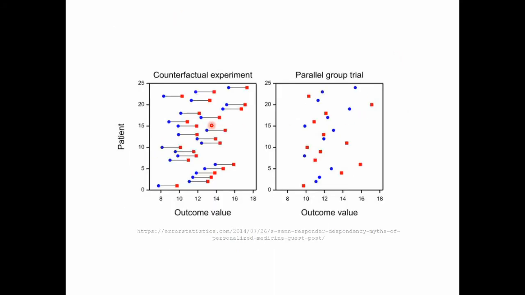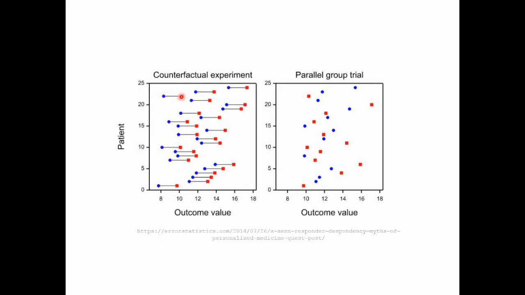Another nice illustration of this is to imagine that we have this counterfactual experiment, and each one of these sets of two points here, the blue and the red, is one person. It gives us the difference between what we would see if we could see the counterfactuals. This would be their value if they were given blue, and this is their value if given red. This is their value if they're in the placebo group.